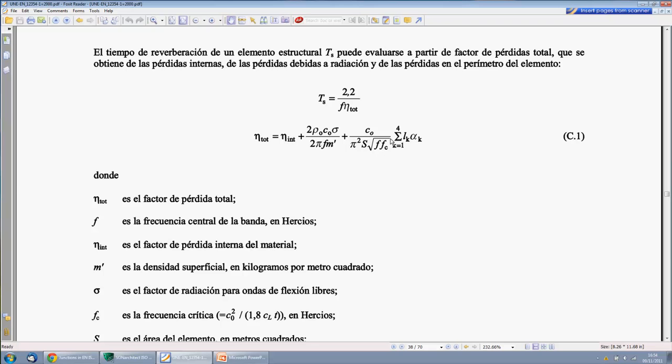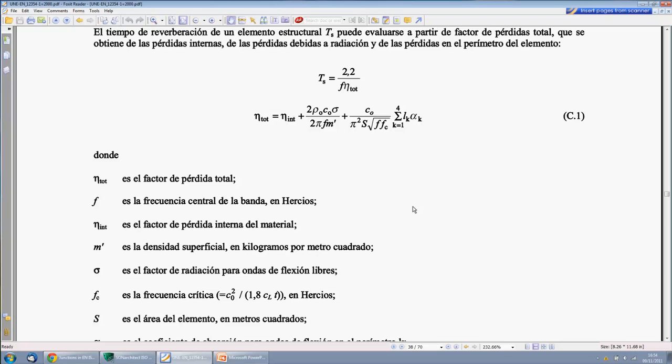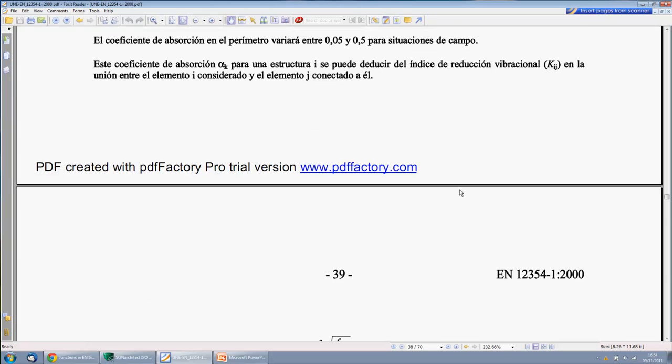This alpha k factor in situ can be calculated through equation C.2, which depends on the vibration reduction index. I don't know if this answers your question.